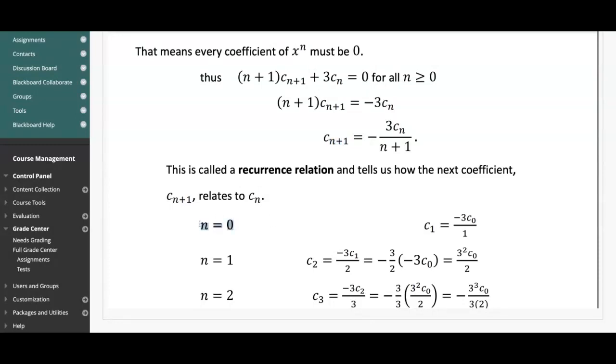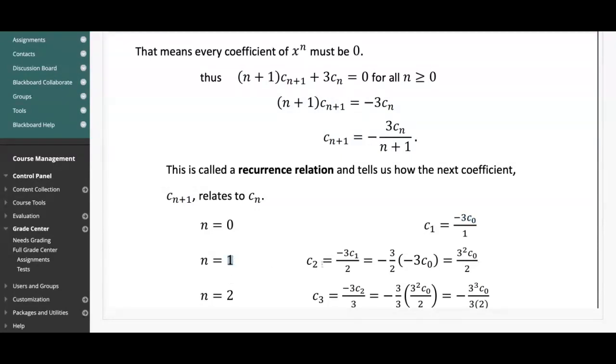So let's see some examples. If n is 0, well, we have negative 3 over 1 times c_0. So n equals 0, that's c_1, equals negative 3 c_0. So the first term.